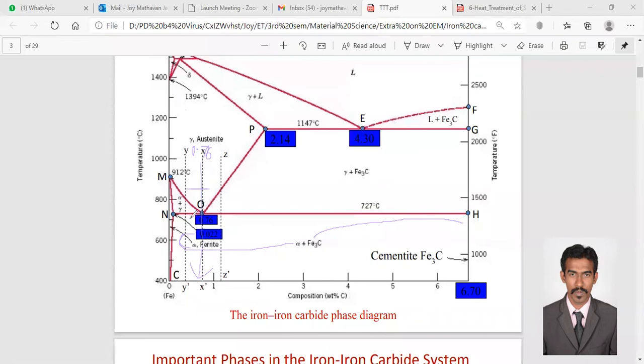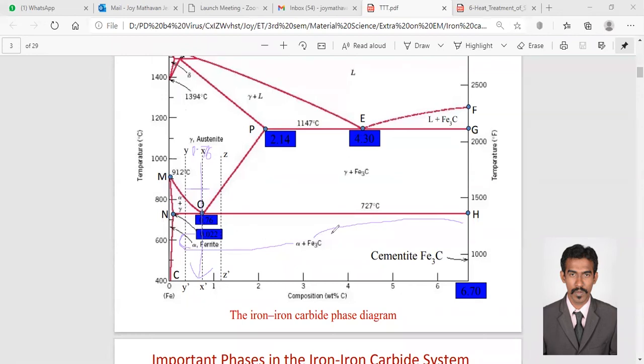It is turning into alpha plus Fe3C. This alpha is 0.022%. You see here along this line, we have one boundary at this point, 0.022, and another boundary here.